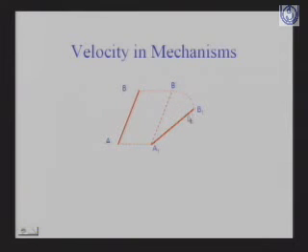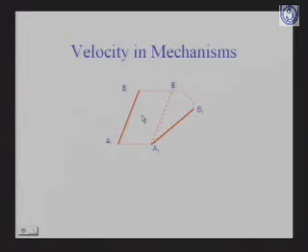Therefore we can say that the motion of this link about a point can be taken as a pure rotational motion. Because it is very difficult to study both motions simultaneously, we can say that there is a point about which the motion of this link is purely rotation, and this point is called the instantaneous center.